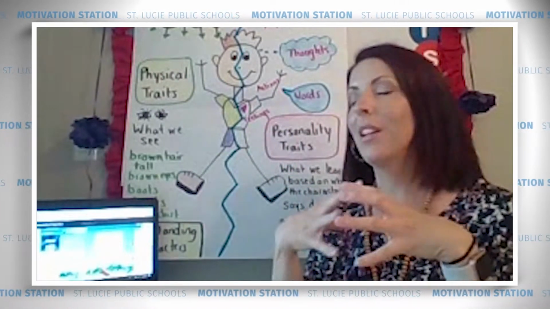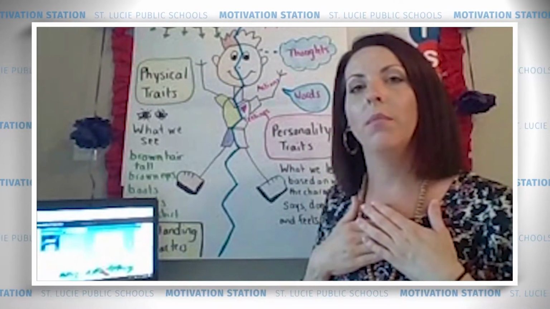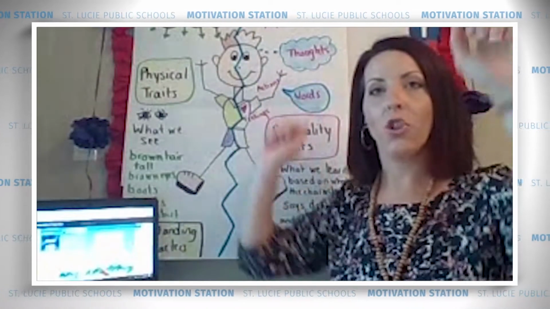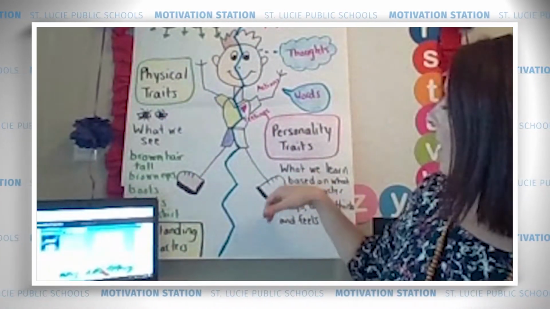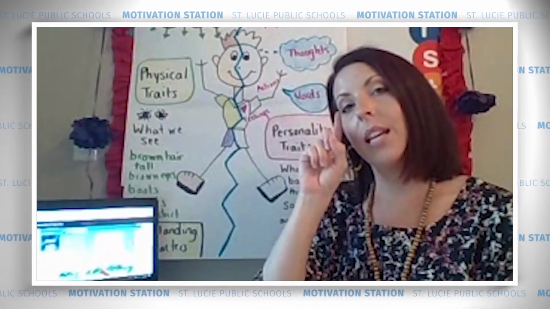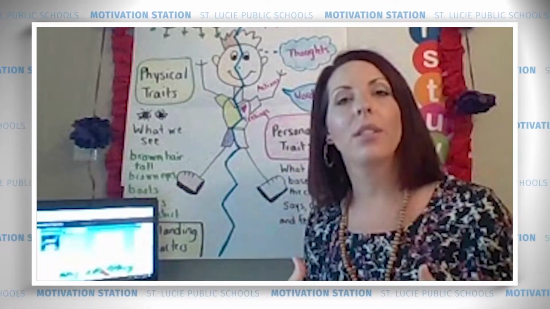How does that help us understand them? Their heart, their feelings, how are they feeling throughout the story? And then their actions, what are they doing? So we want to learn to think about what the character says, does, thinks, and feels, as well as what they look like on the outside, to understand that character better.